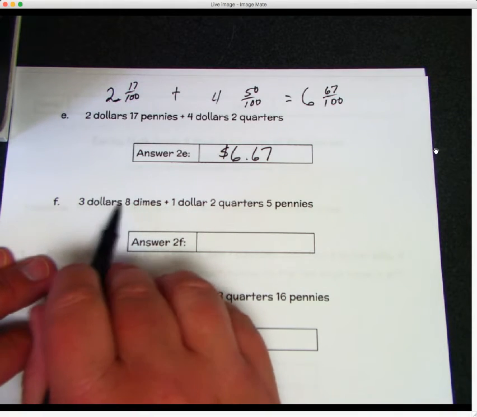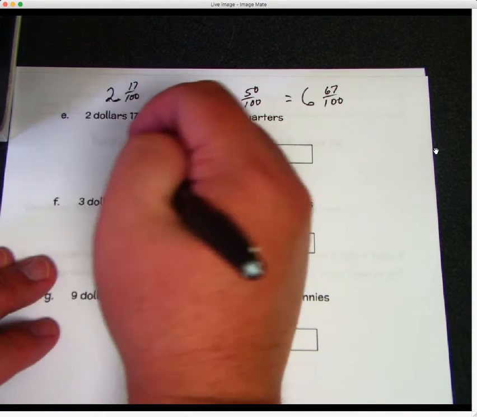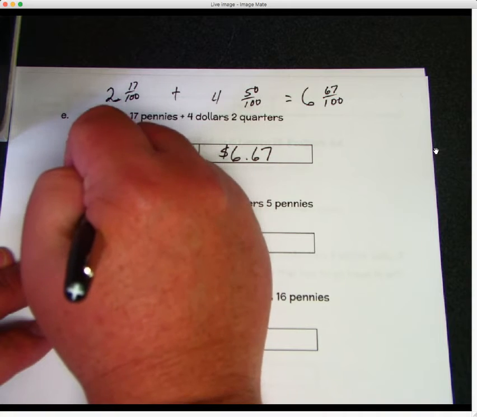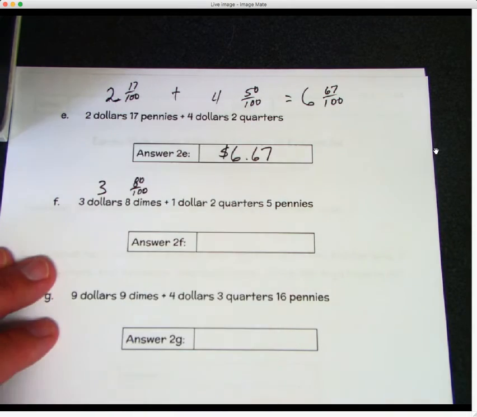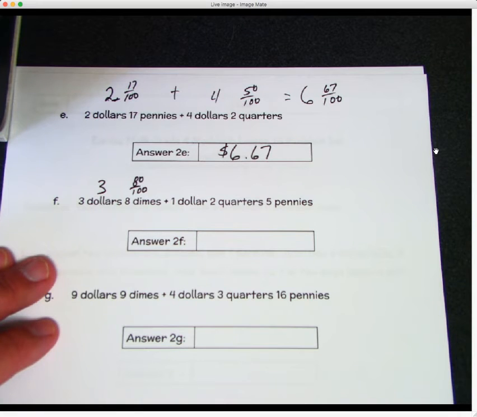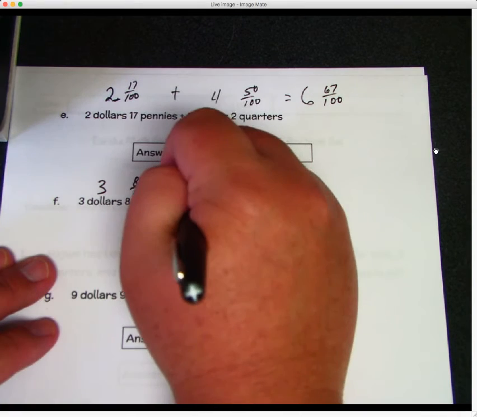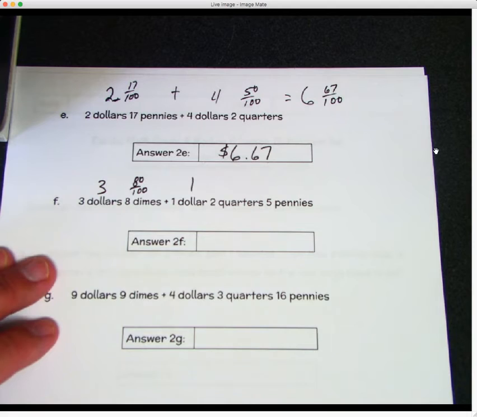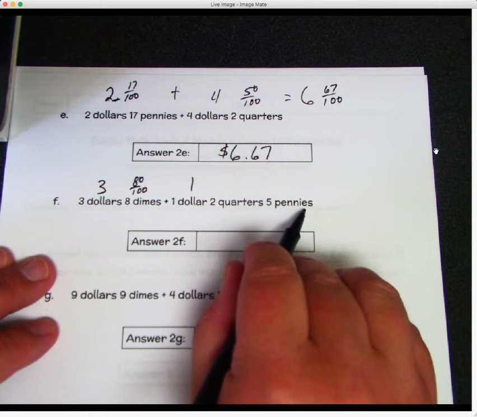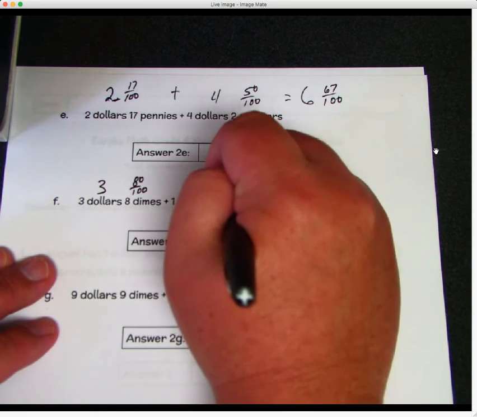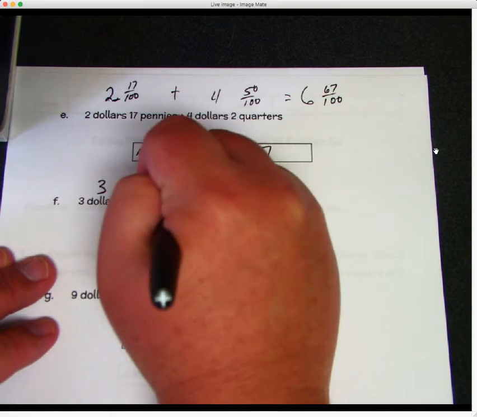$3, 8 dimes is $3.80. 3 and 80 hundredths. $1, 2 quarters, 5 pennies. 1 whole. 2 quarters is 50 cents plus 5 pennies more would be 55 cents. So $1.55.